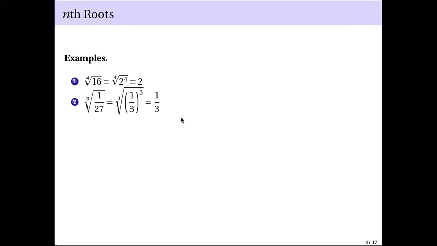Thank you. Okay. So for the next example in here, we have the cube root of 1 over 27. Now, 1 over 27, you can write it as 1/3 to the power 3. So if you take the cube root of this, it is equal to 1/3.